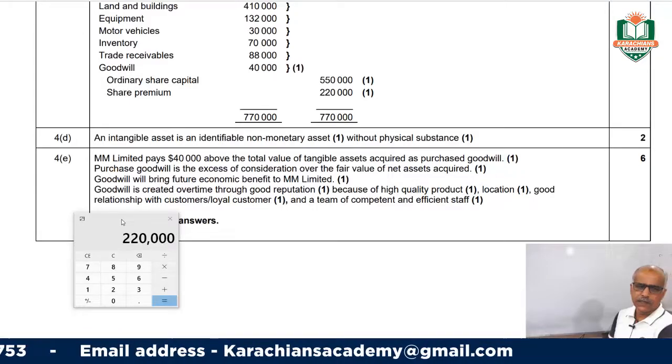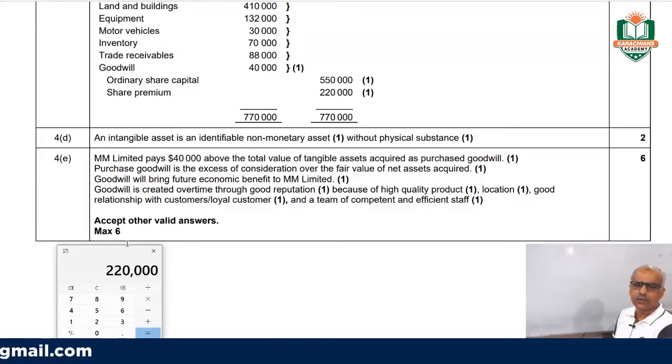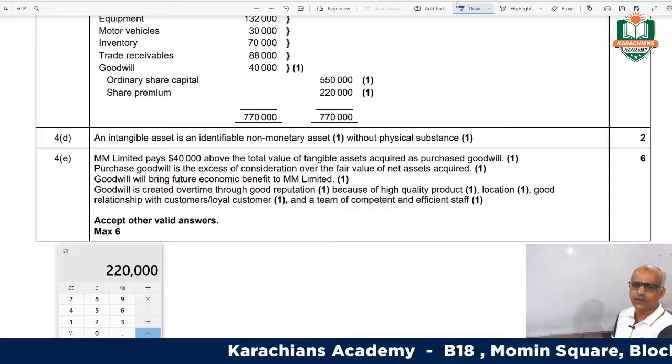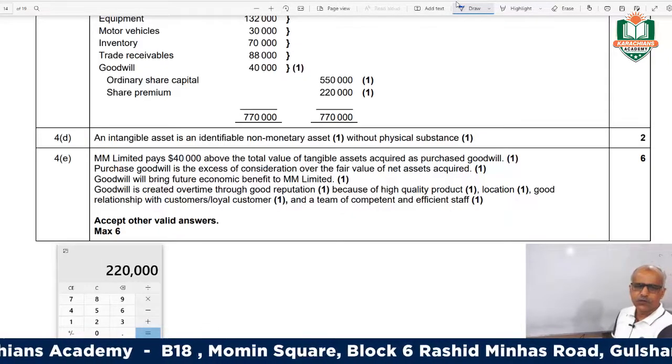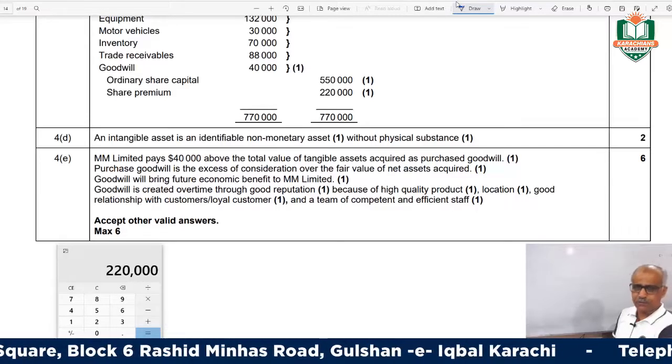For E, MM Limited pays 40,000 above the total value of the tangible assets acquired as a purchase goodwill, which is the excess of the consideration over the fair value of the net assets. This will bring future economic benefit to the Limited.